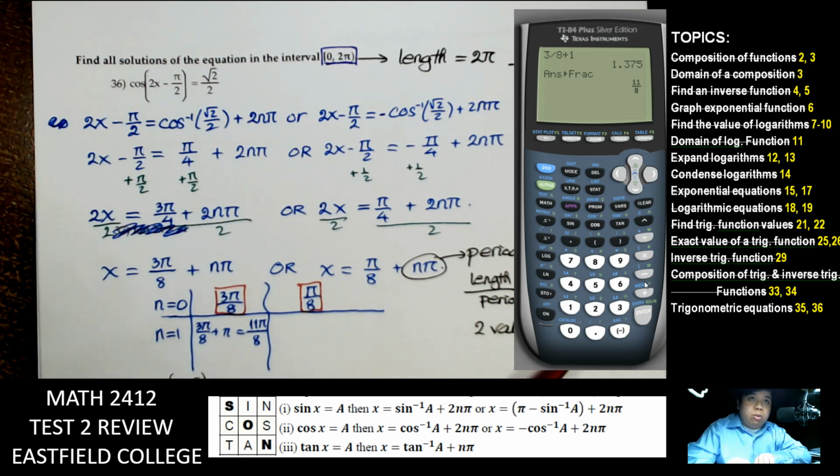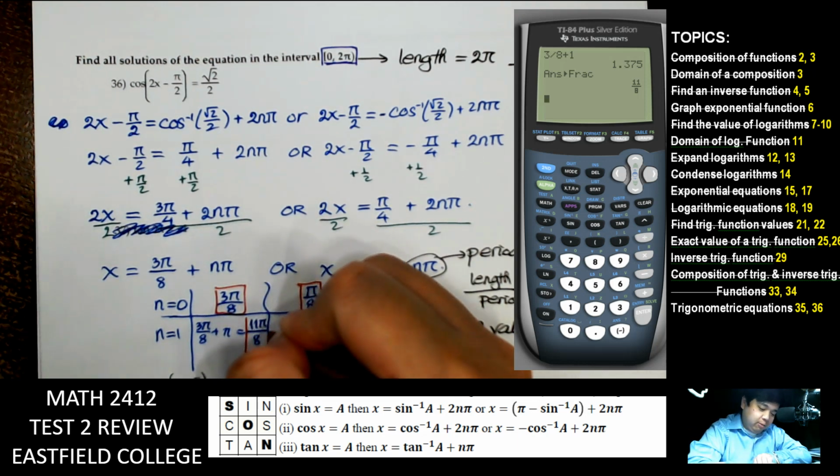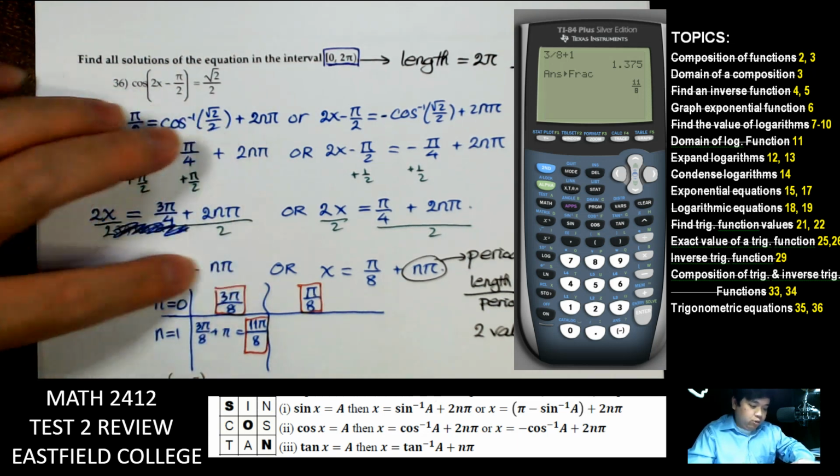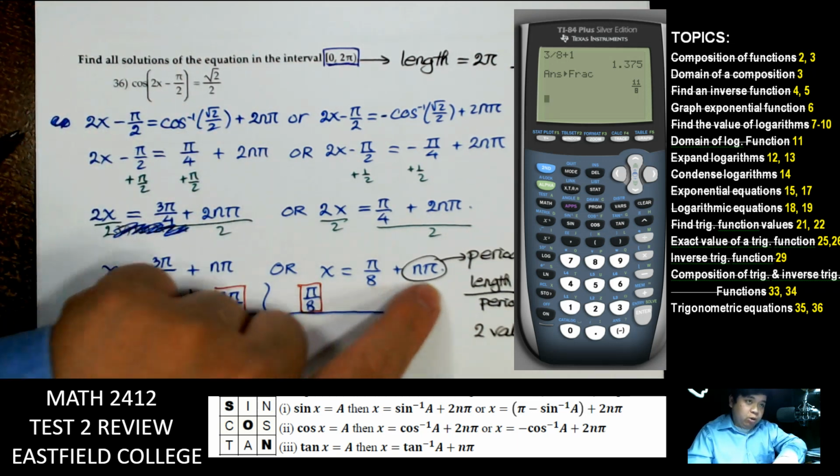And that is still between 0 and 2 pi. We know that it is between 0 and 2 pi because it's just 1.375. So it is good. We have 2 values for n for this, so we're good here. We're good for that equation.